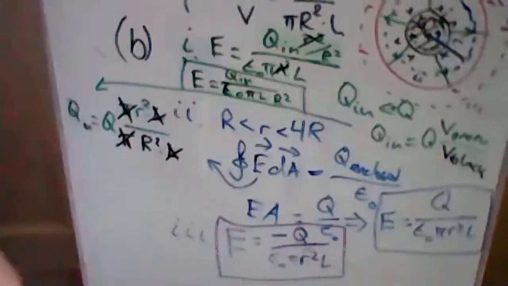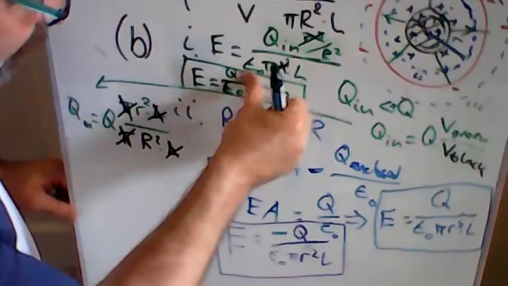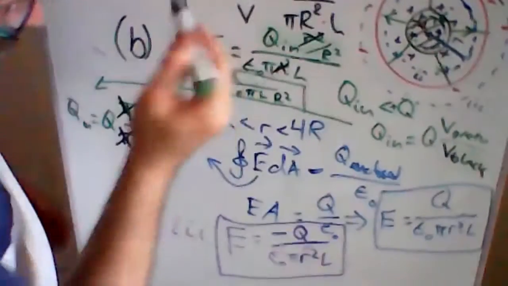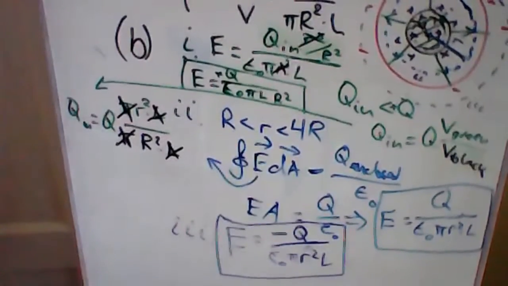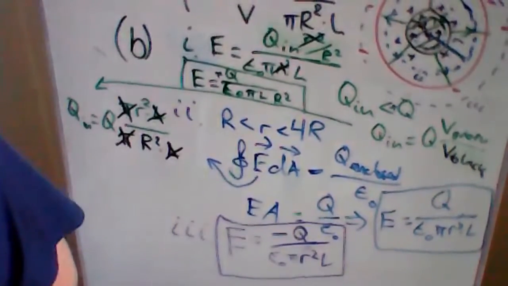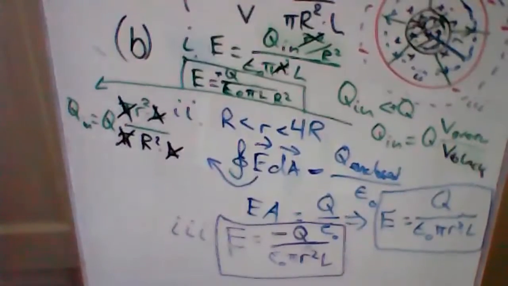Wait, isn't it just Q, not Q enclosed, because we already... Oh, yes, correct. Plus Q over epsilon naught pi L R squared. And I'm hoping that's right.